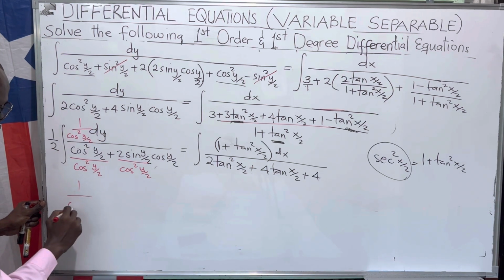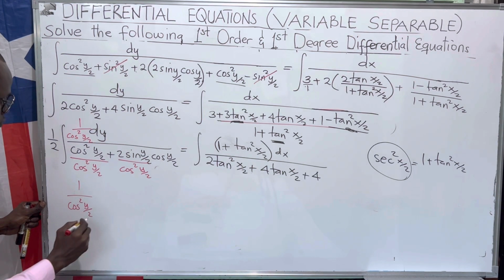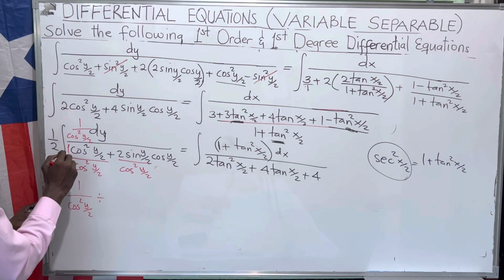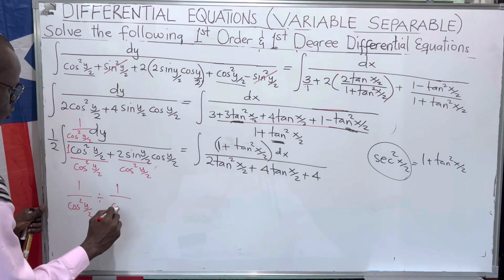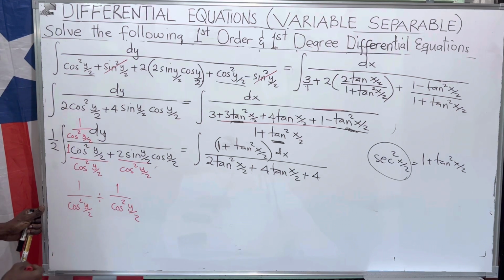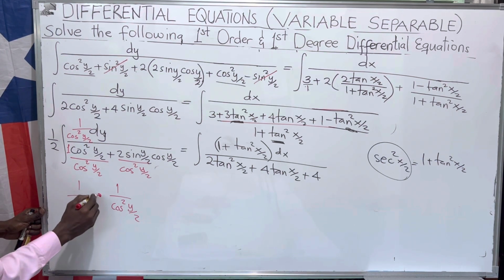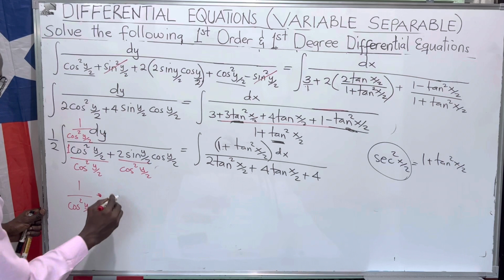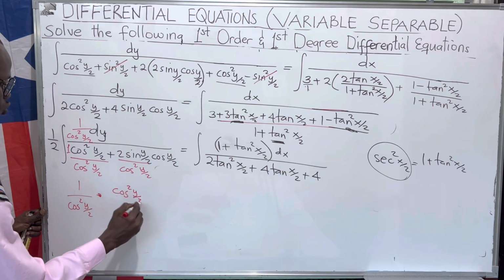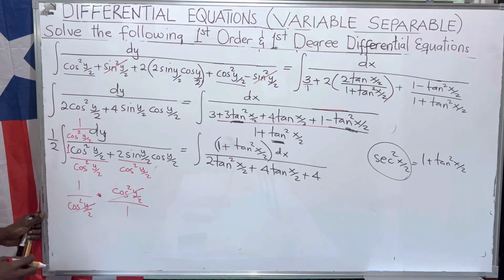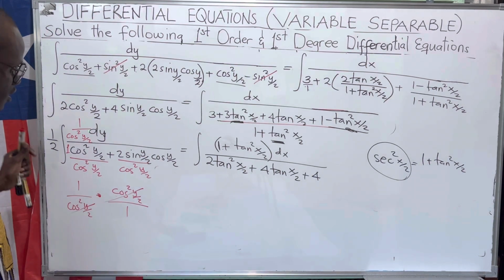If we have 1 over cos square y over 2 divided by, now this is 1 over cos square y over 2, you change this sign to multiplication and reciprocate, you have cos square y over 2 over 1. So this and this cancel, you're just left with 1. So you've not changed anything in the problem.